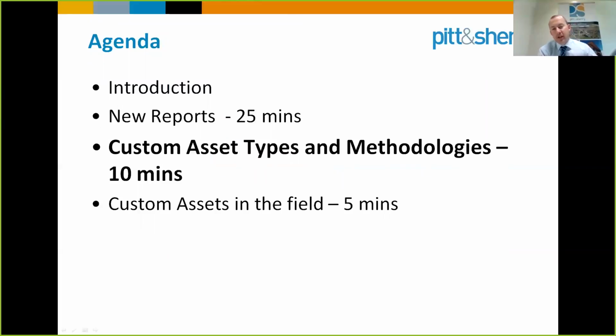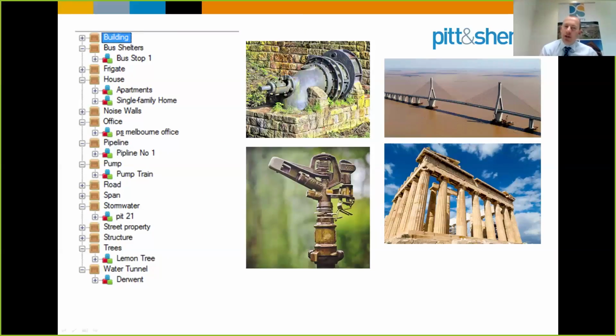So with all that said, I think we'll have a look at custom asset types now. I might get you, Adam, just to run through how the custom asset types work in a minute. In a database that we're using today, just to demonstrate, we've put in all sorts of different assets into it. On the left-hand side of the screen, you're seeing the list of assets and the different names of things that we've been able to store.